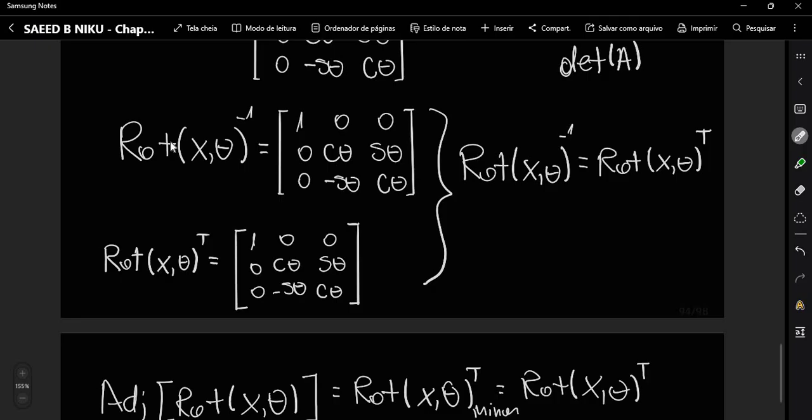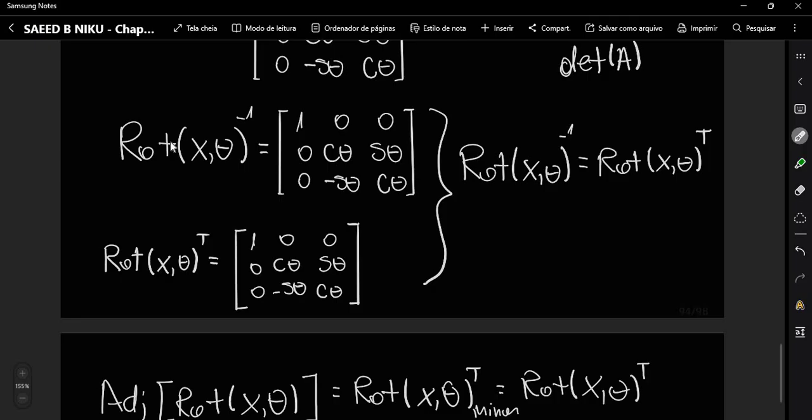All rotation matrices are unitary, so all we need to do to calculate the inverse is transpose these matrices.